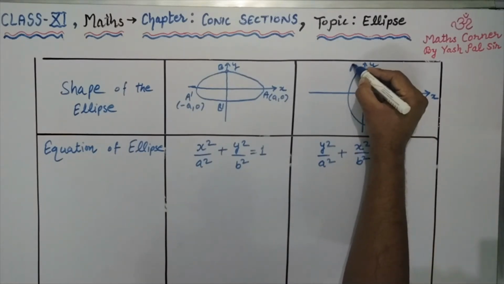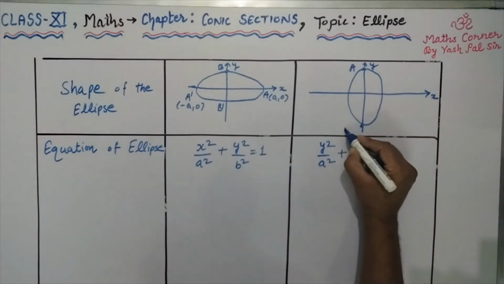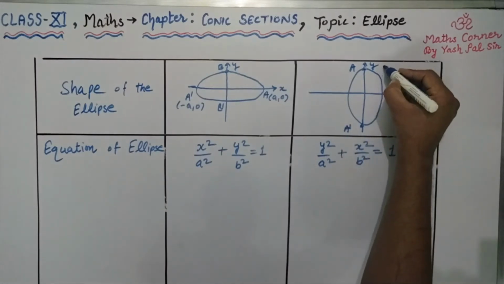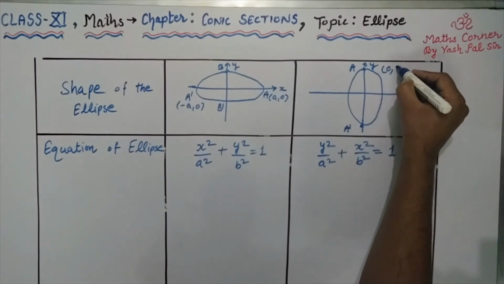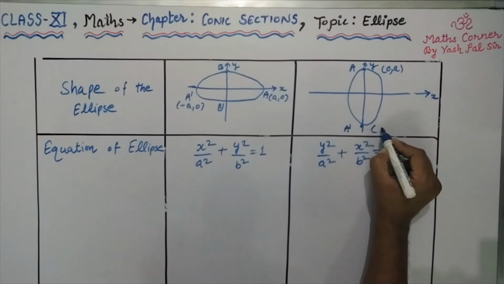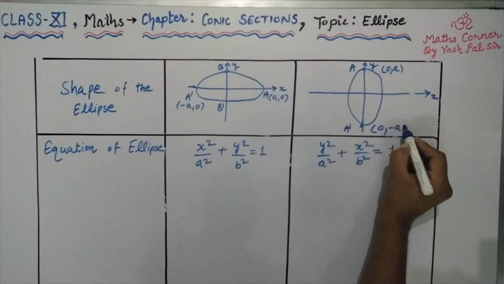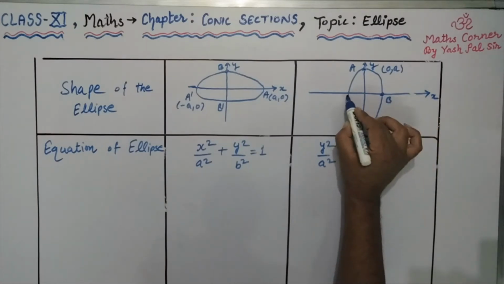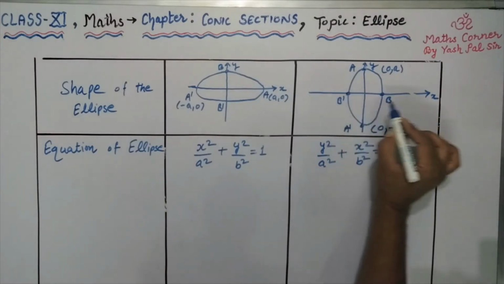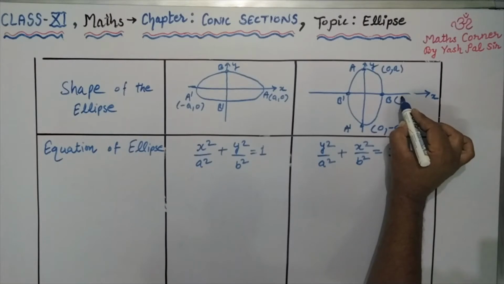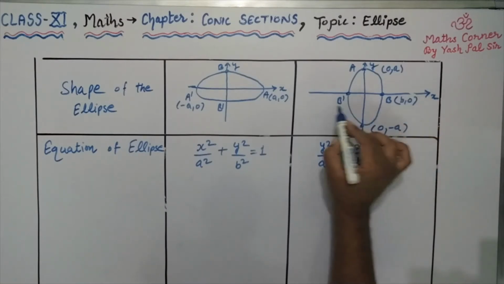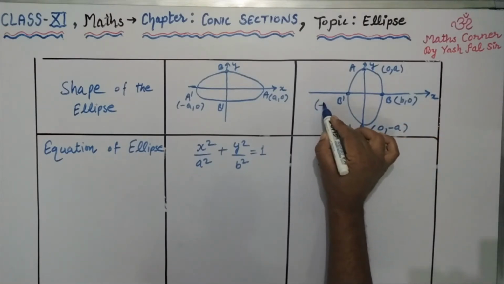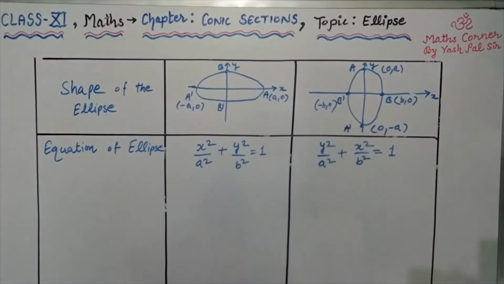Here this point is A and this point is A dash. The coordinates of A are 0 comma A and here 0 comma minus A, and this is point B, this is point B dash. The coordinates are B comma 0 and minus B comma 0.